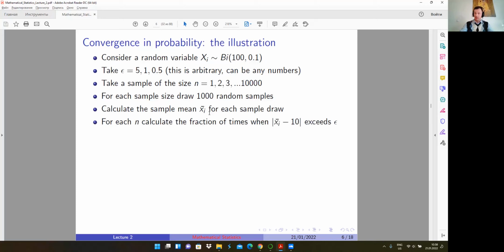and then I will calculate the deviation of this sample mean realization from 10, and out of 1000 random samples for each sample size, I will calculate how many times this difference exceeds epsilon.